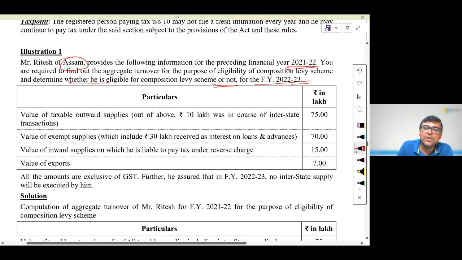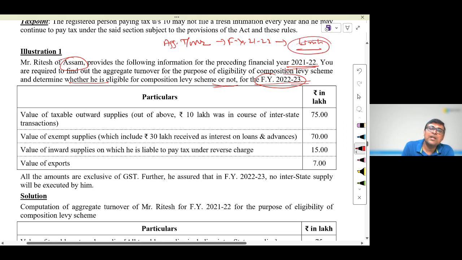Ideally, what should be your course of action? We are supposed to examine for financial year 22-23, so we are required to check the aggregate turnover for financial year 21-22. If it is within the limit, then he may opt, otherwise he may not.